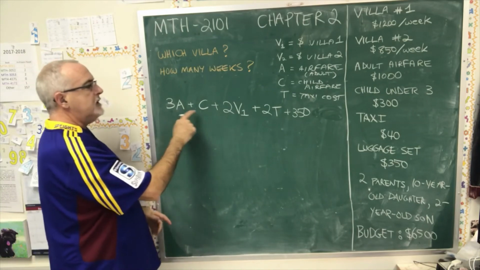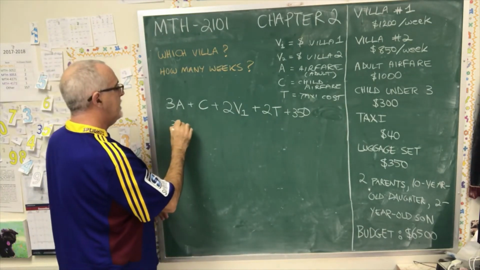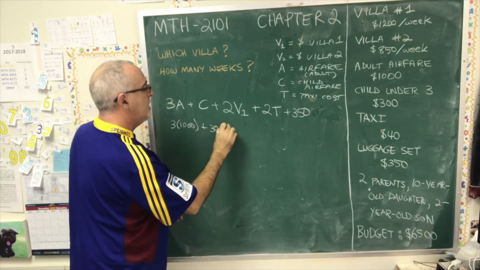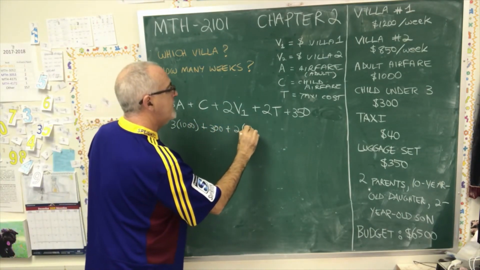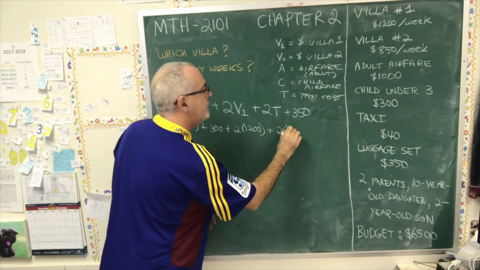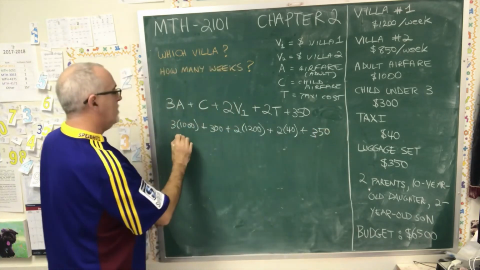Let's try doing this. We're going to replace our variables with the values that go with them. So it's 3 times $1,000 plus $300 plus 2 times 1,200, that's villa 1's cost, plus 2 times the taxi of 40 plus 350. And we can get our total.